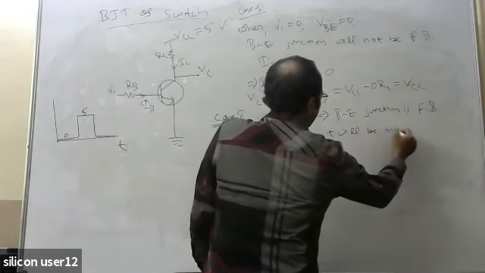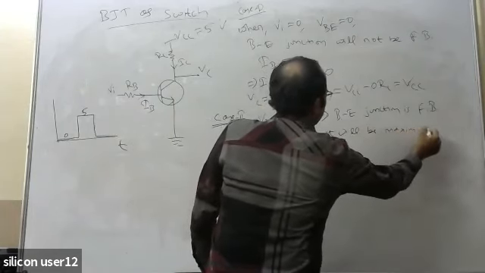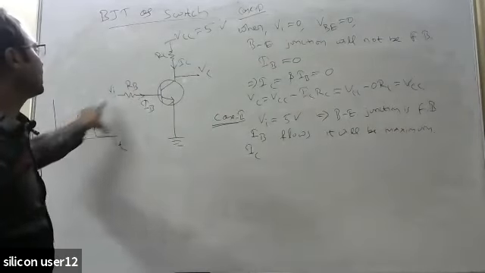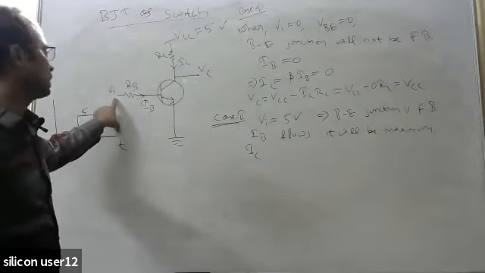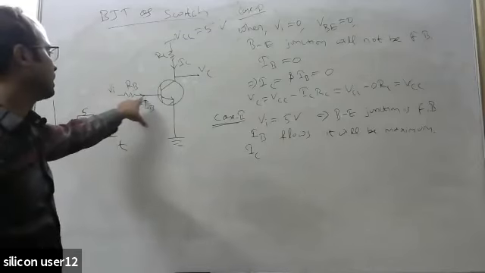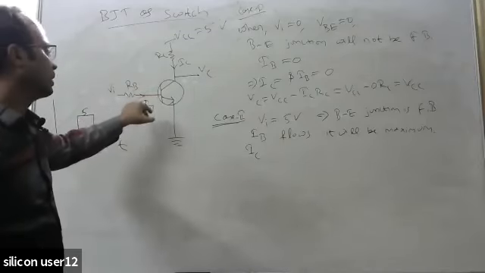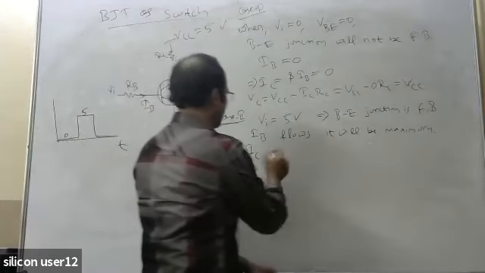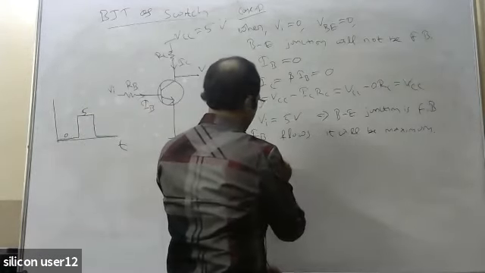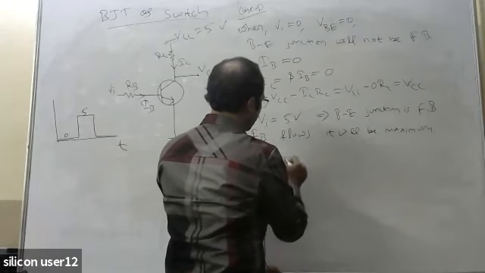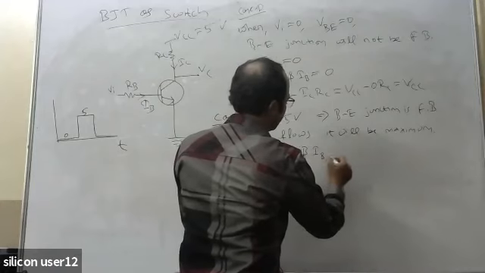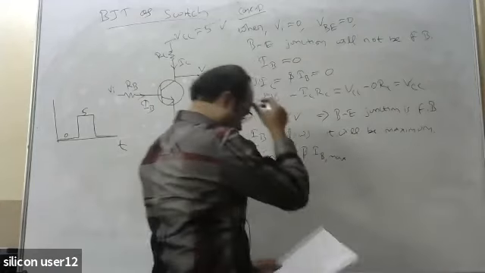That means if I am applying 5 volt, I am applying the highest possible input voltage, so IB will be a large quantity. Similarly, IC will also be at its maximum value, equal to beta into IB, the maximum value.